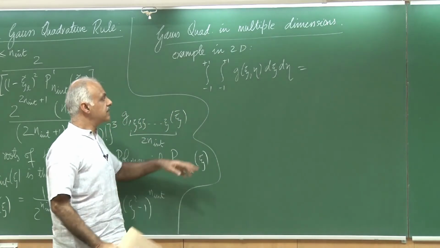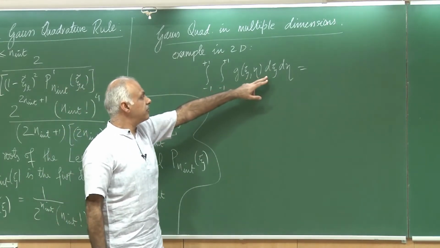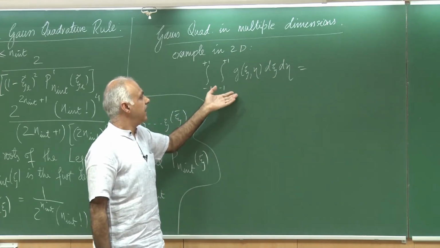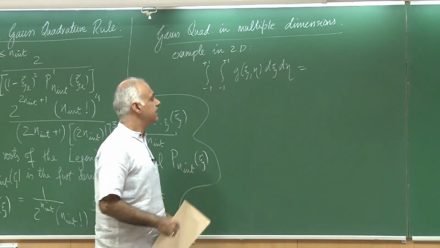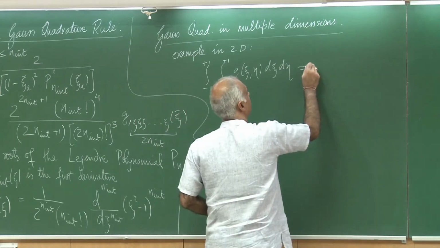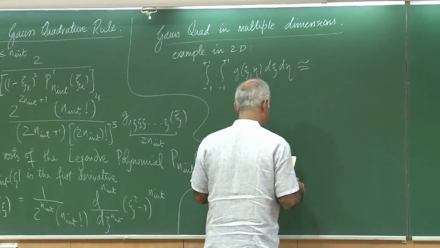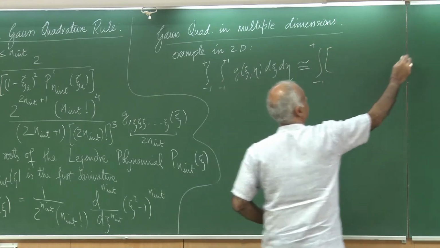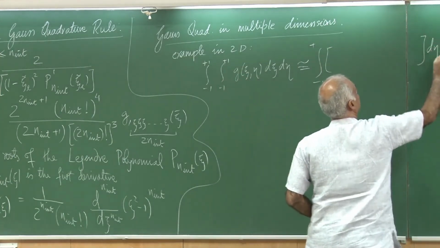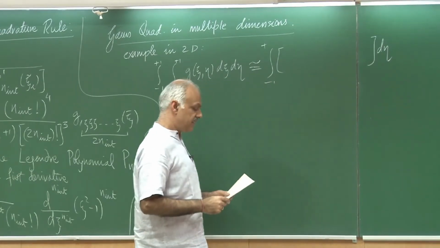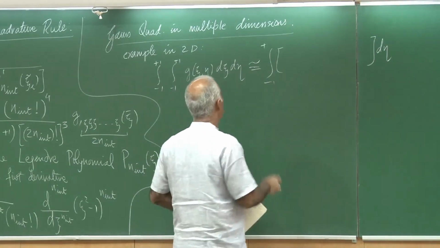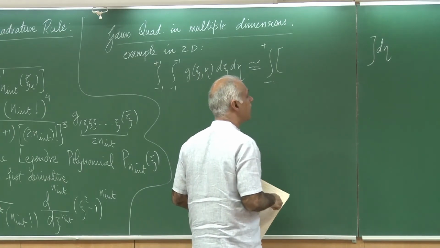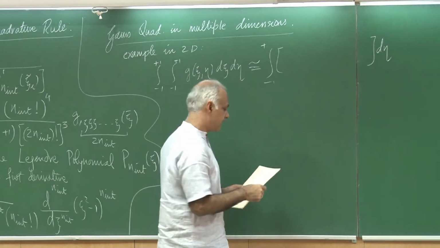What I can do is leave the d eta integral as it is, the exact, and approximate the xi integral. For the integration along xi, I am going to use the Gauss quadrature along the xi direction.